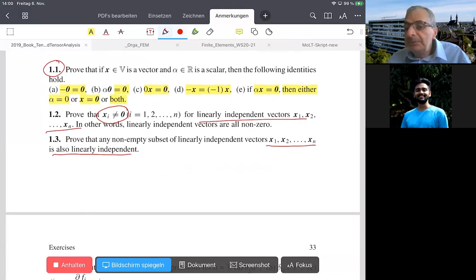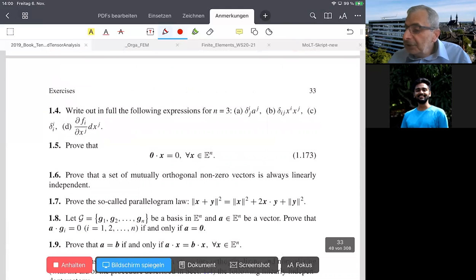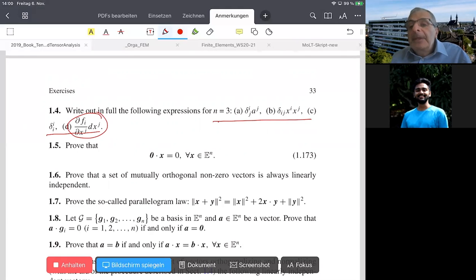So if I have linearly independent vectors, I can take any vectors from them and they will also be linearly independent. There is also an exercise on the summation convention and delta, which we also discussed, especially the formula with the Einstein summation convention, when we have the index under the fraction bar.